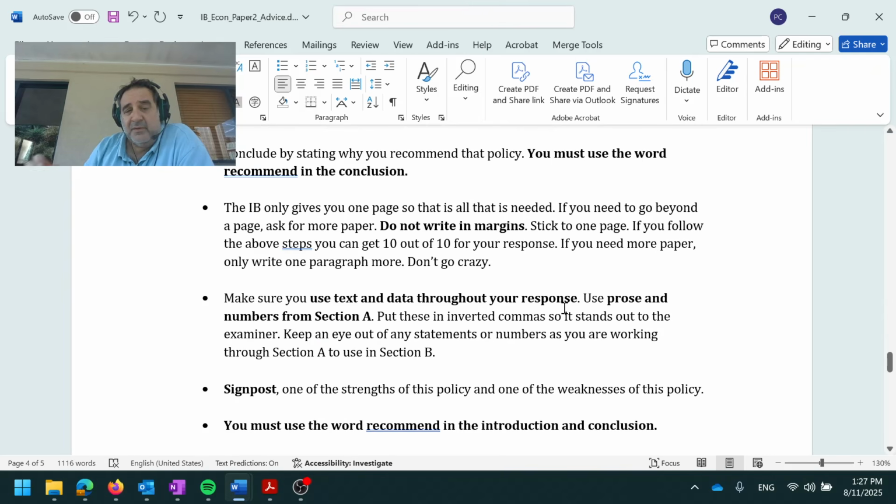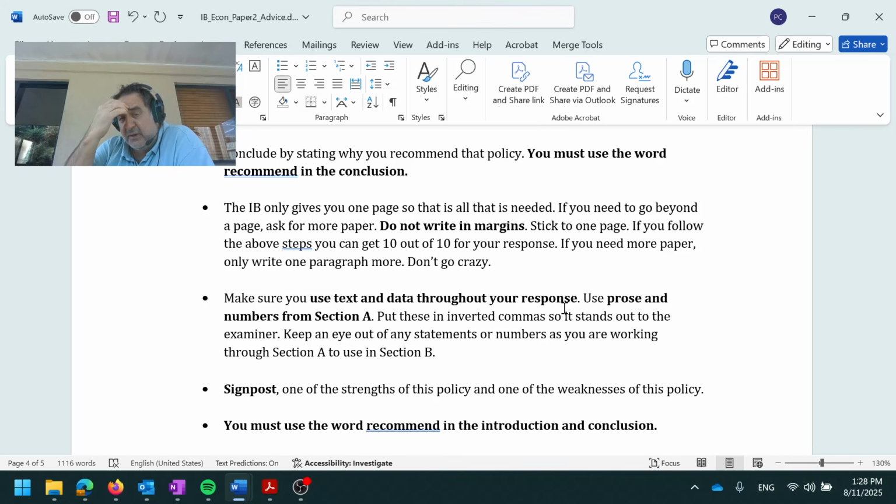Now, just some other advice there. The IB only gives you one page, so that is all that is needed for you to complete the response. I wouldn't go beyond that one page. If they're only providing one page, then they think that's adequate enough for you to score 10 out of 10. So keep it simple, stick to the one page. Whatever you do, do not write in the margins because the scanners might not pick that up.